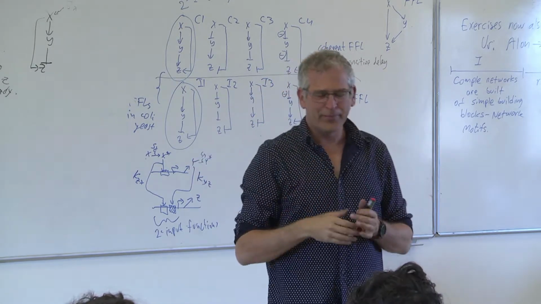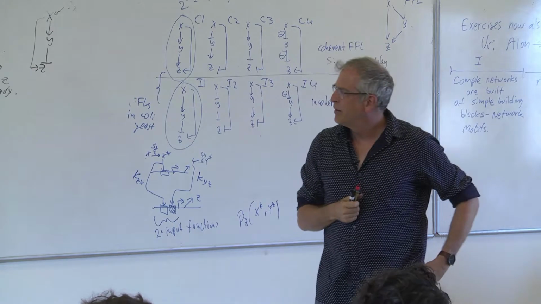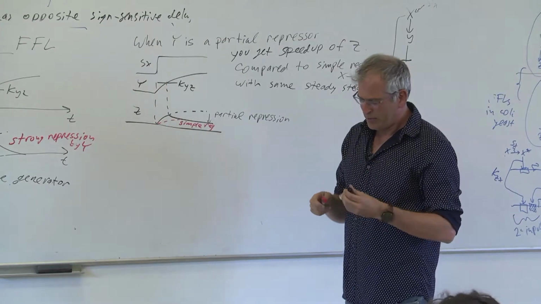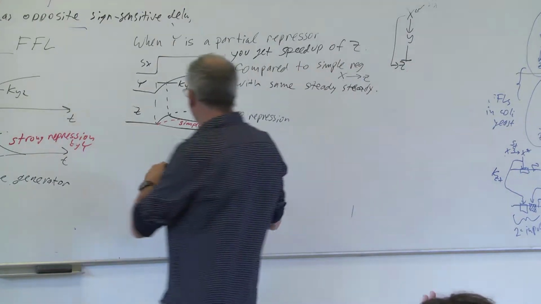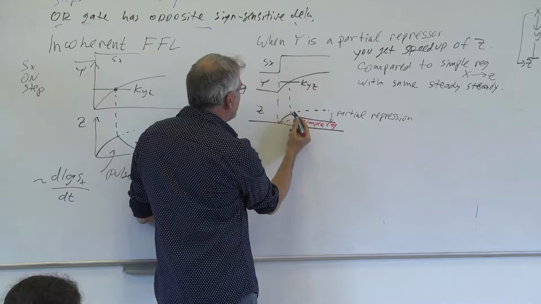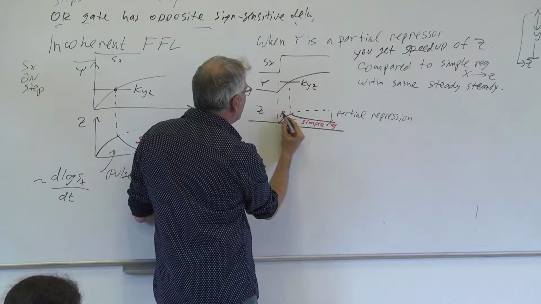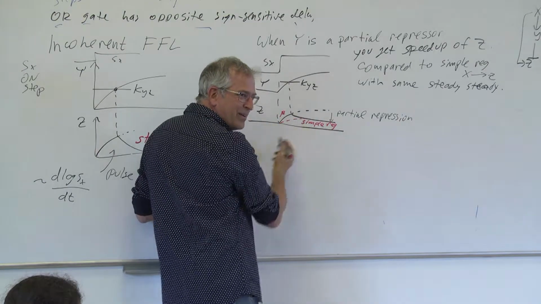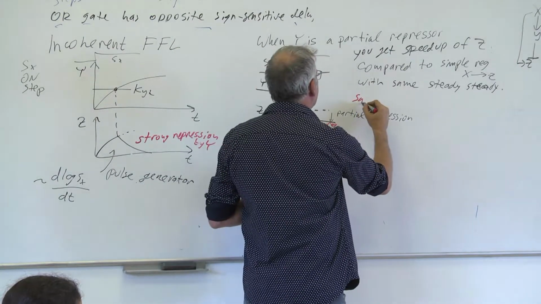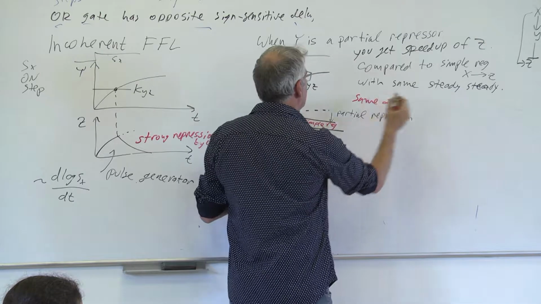Can you explain again why it's faster than simple regulation? Because before Y turns on, there's only simple regulation here, which goes to a high steady state. So here you get the benefit of this high beta, but a low steady state. You have the same alpha. So in the beginning you have beta over alpha.